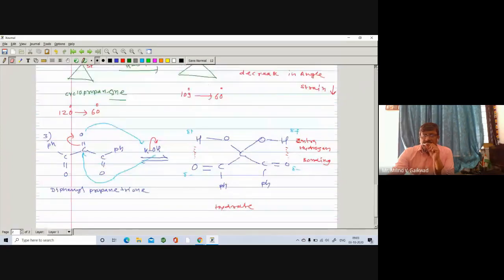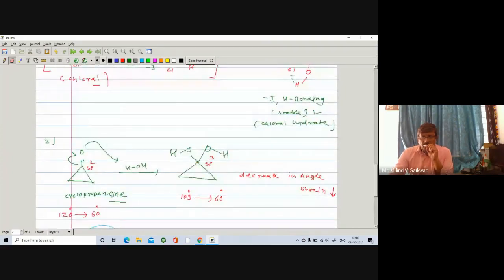Again, we have seen the propane trione also can form a hydrate. Why? Because there is a decrease in the angle strain. So in cyclopropanone, there is an angle strain from 120 to 60. The carbon should have the internal angle 120 because it is sp2 hybridized, but it changes to 60, means there is a deviation from the normal bond angle.